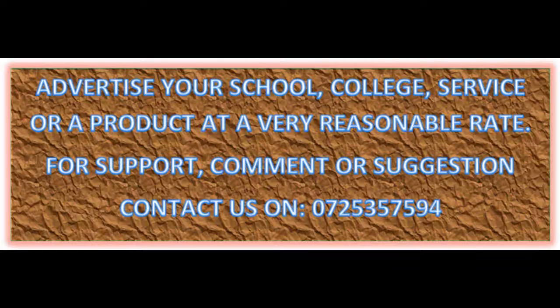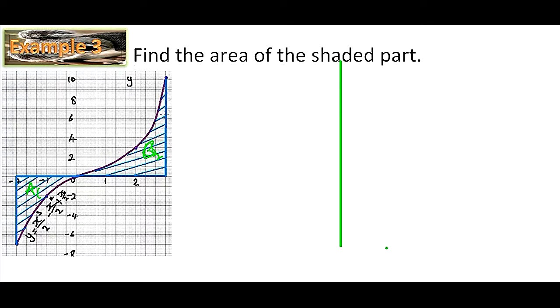So in our example 3, find the area of the shaded part. Now here we have a curve, which is y is equals to x cubed divided by 2 minus x squared over 2, and then plus x over 2.